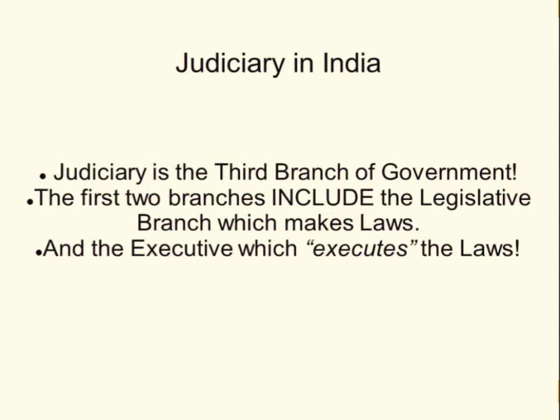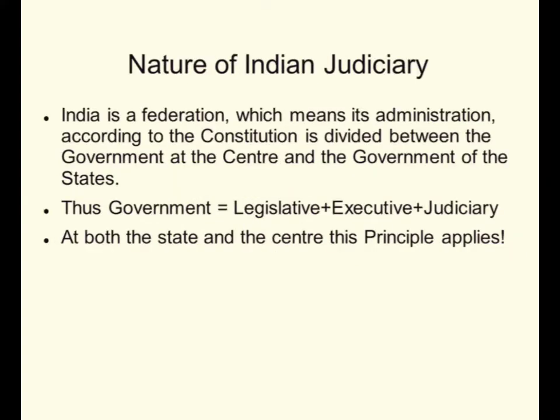The first two branches are the legislative, that makes the laws, and the executive, that executes the law. That means how we need to follow up the things. India is a federation, or a federal structural government, right? We have read this in the chapter also.